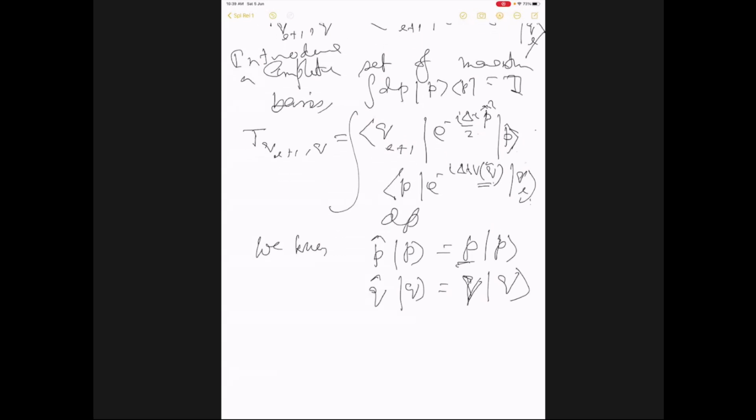So what I finally get is equal to the integral dp of e to the power minus i delta t p squared over twice m, e to the power minus i delta t V of q, and you have <q_{l+1}|p>, because after operation they have come out, and of course you have <p|q_l>.